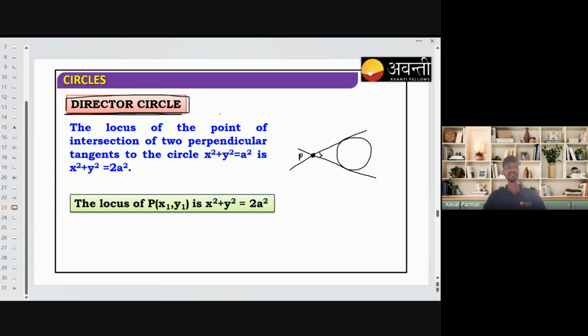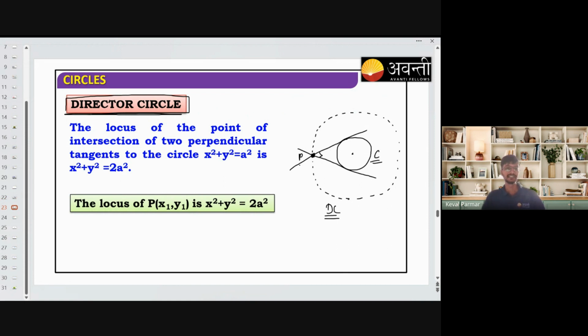Now, how will the circle look like? The circle will have the same center as our original circle, correct? And will pass through the point P. So, that circle will be a concentric circle. And you can see here, this is how the circle will look like. This is the director circle, and this is our given circle.